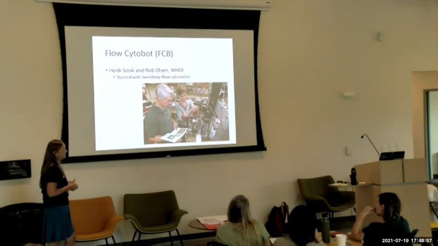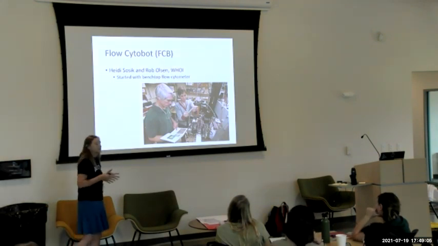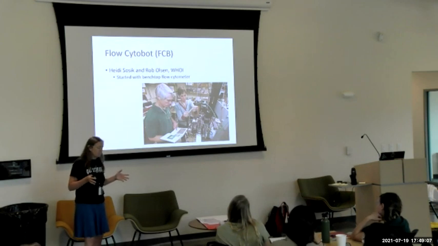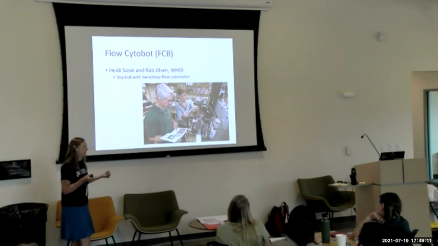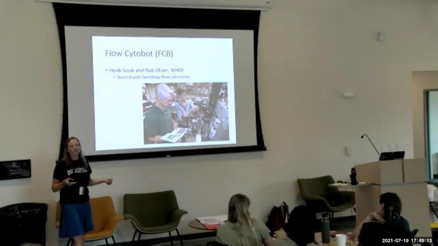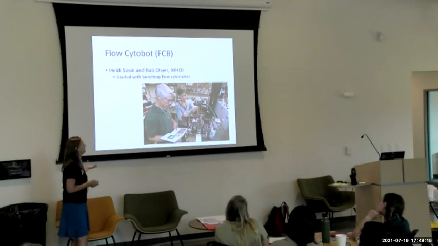So I'm going to start with the FlowCytobot. Heidi Sosik, who is a dear friend of mine, and her former advisor, Rob Olson at WHOI, started with a benchtop flow cytometer, an instrument they originally invented to look at blood cells. They converted it to looking at phytoplankton.